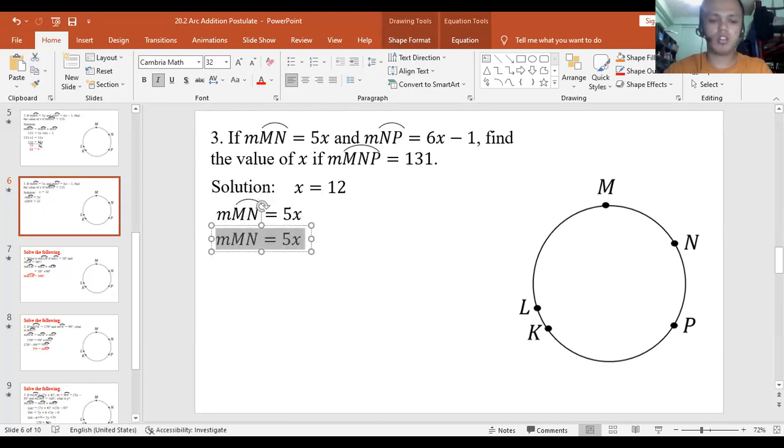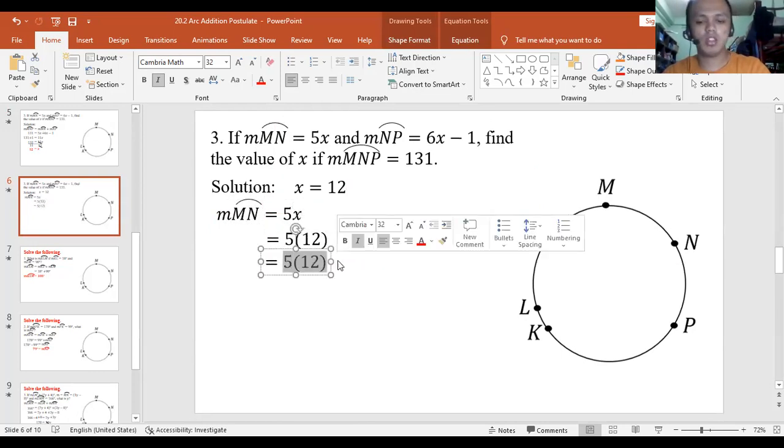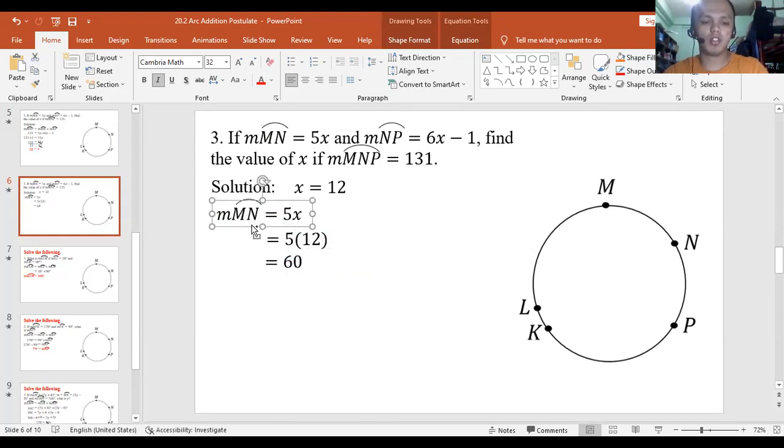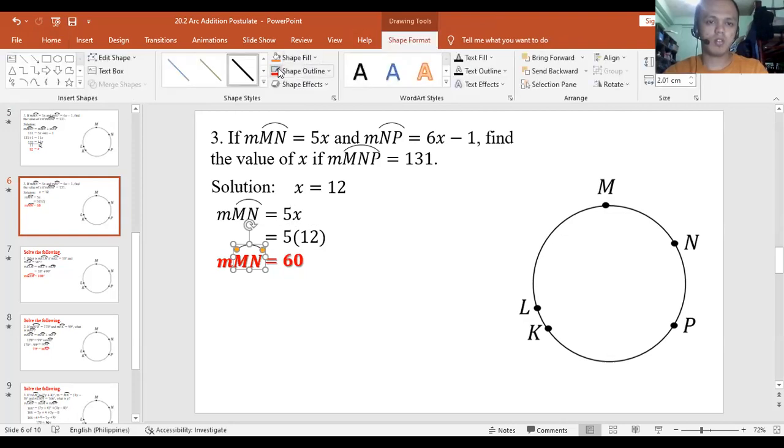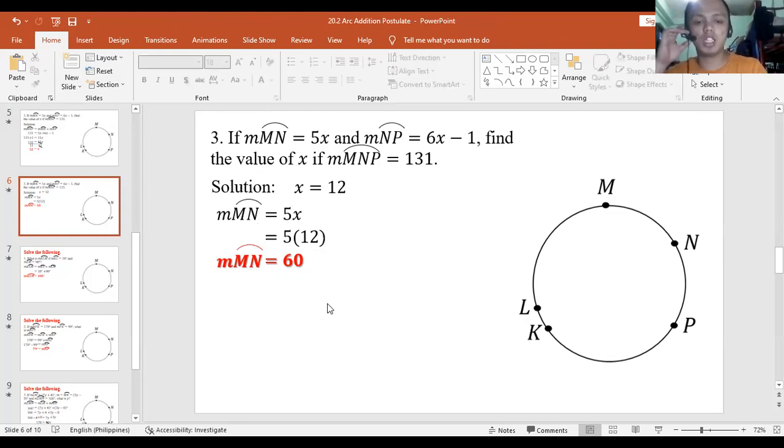So, we have here 5 times 12. 5 times 12, that would be equal to 60. So the measure of arc MN is 60 degrees.